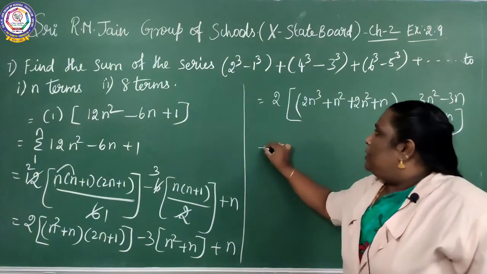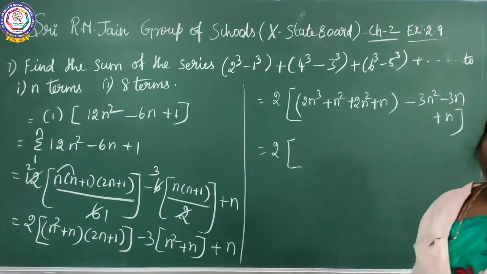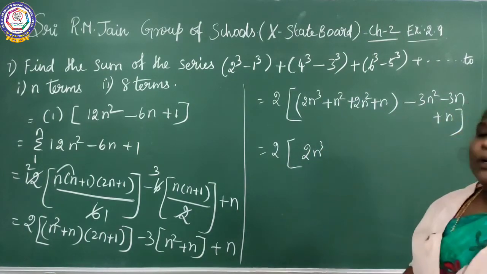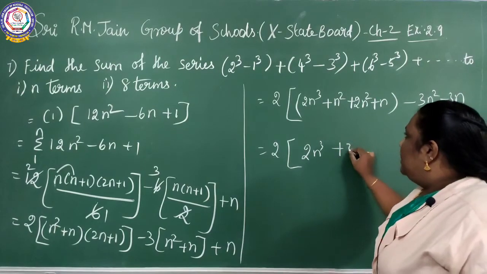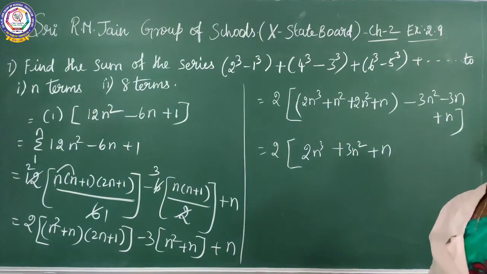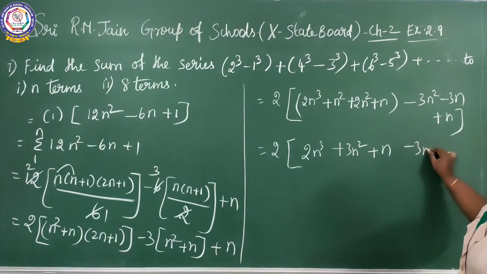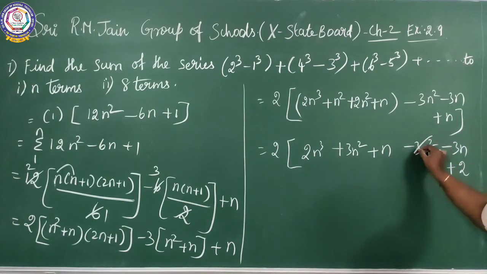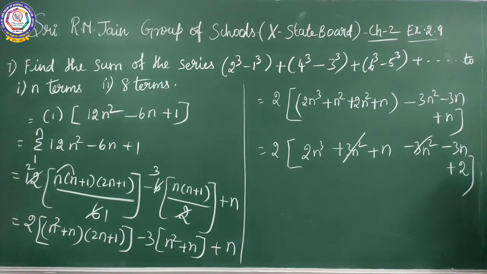So gives 2 into 2n cube. n square plus 2n square is nothing but 3n square. 3n square plus n minus 3n square minus 3n plus n. See, 3n square gets cancelled.